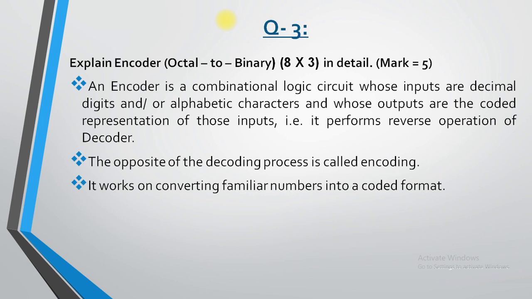Over here 8 by 3 means octal to binary. So in the exam, the question may ask: explain encoder, explain octal to binary, explain 8 by 3 encoder. In all these cases you need to write the same answer.